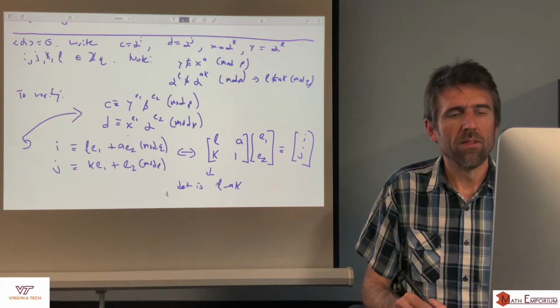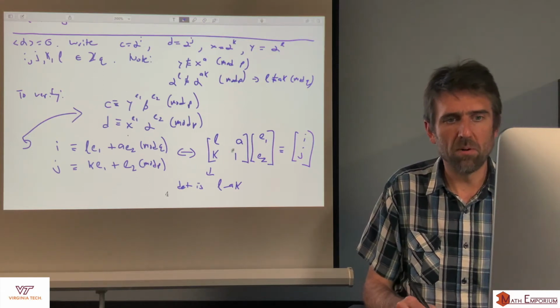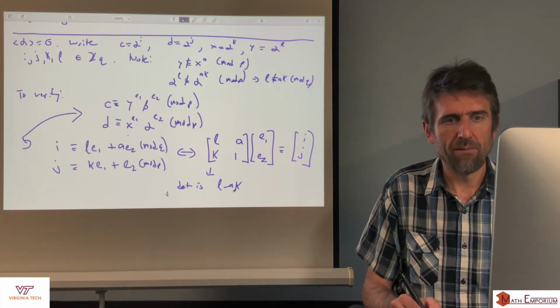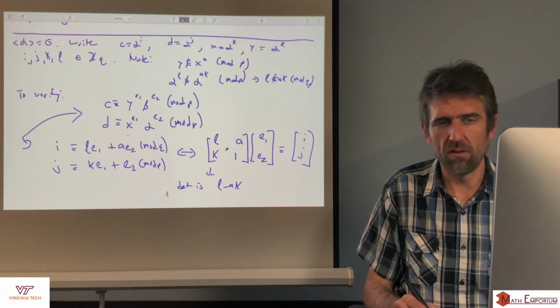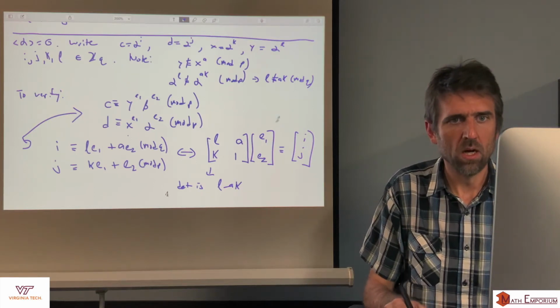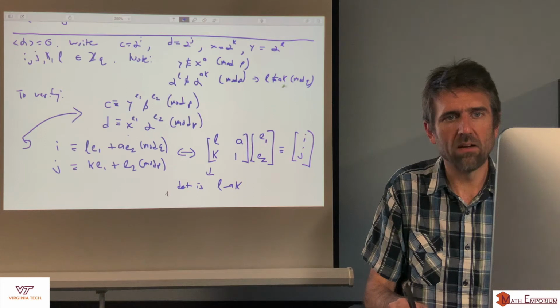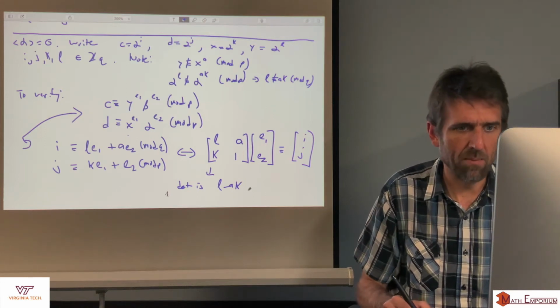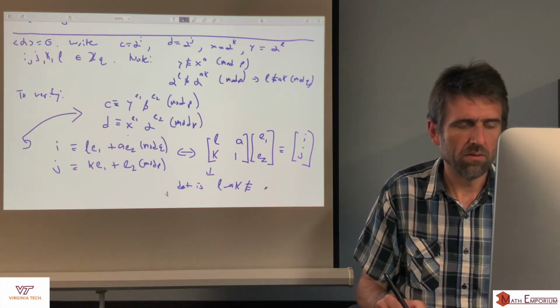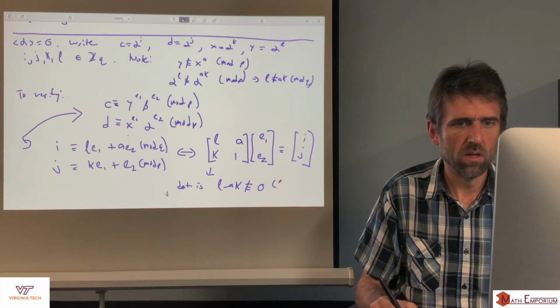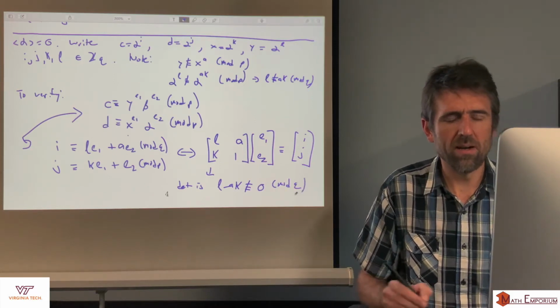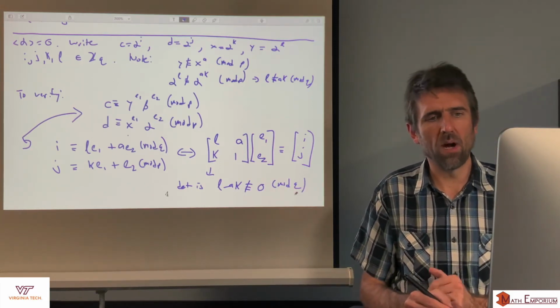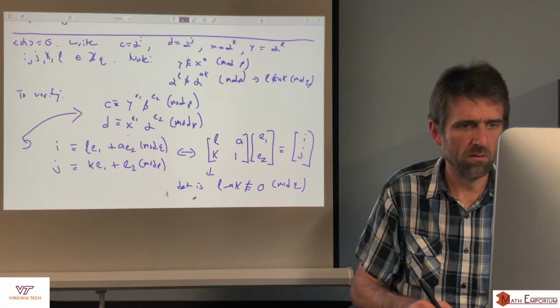Right? This matrix is invertible if and only if its determinant is invertible mod Q. Okay, but notice we have here L is not congruent to AK mod Q. Right, so the determinant is non-zero mod Q, but Q is a prime, so the determinant is invertible.